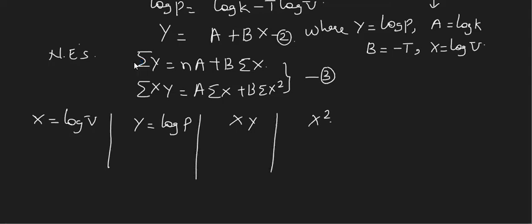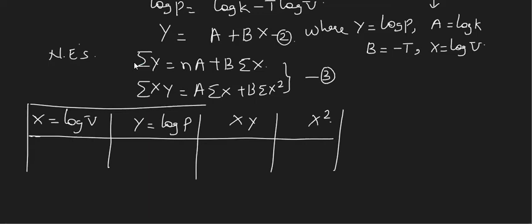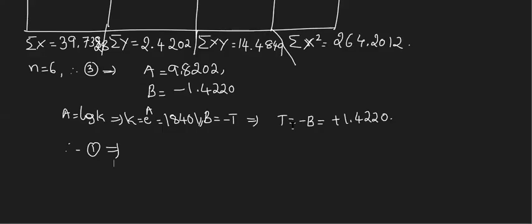Try to complete this table form, and I'm interested in getting the summation values. So these are the summation values. These are the values of a and b. Then we got the value of k, and we have got the value of t also.